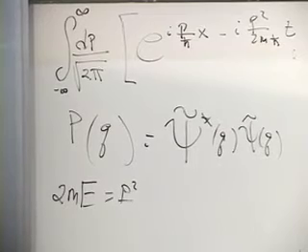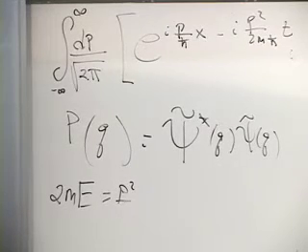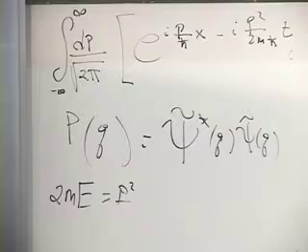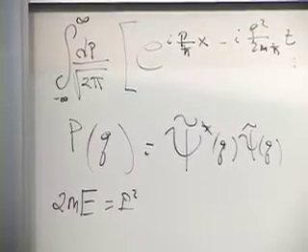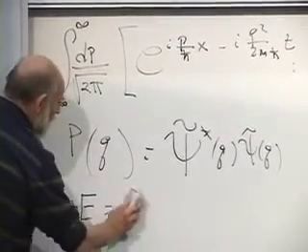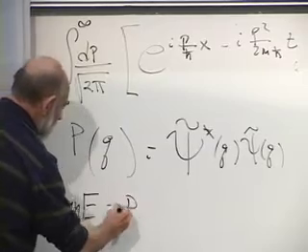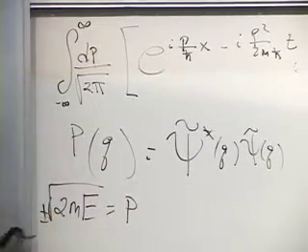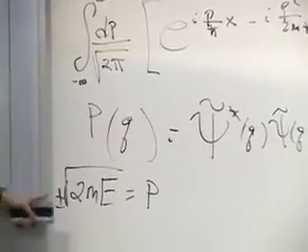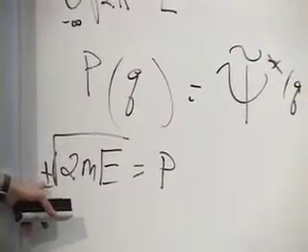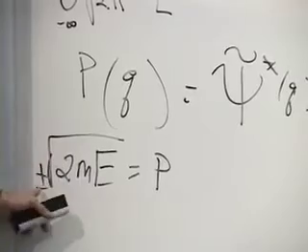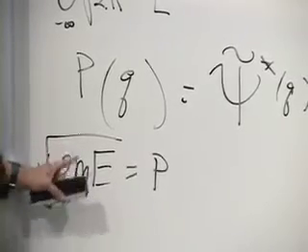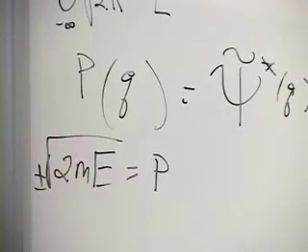How many p's are there such that p squared is equal to 2mE? Two. Namely, the two possible square roots. Believe me, there's a plus or minus sign here. Plus or minus square root of 2mE is equal to p.